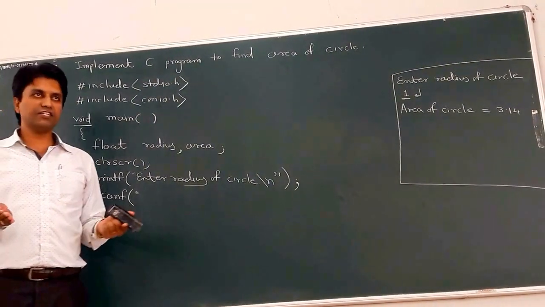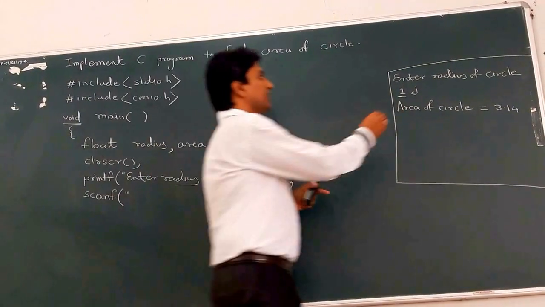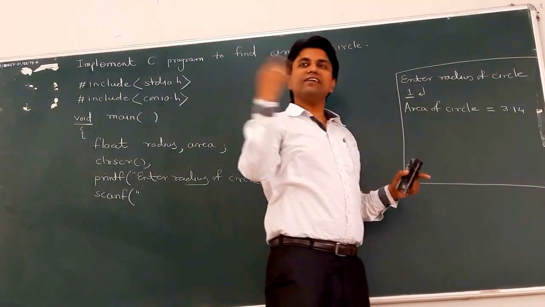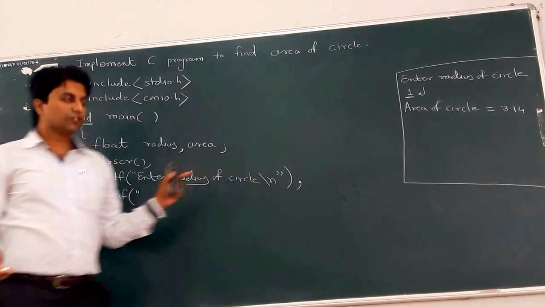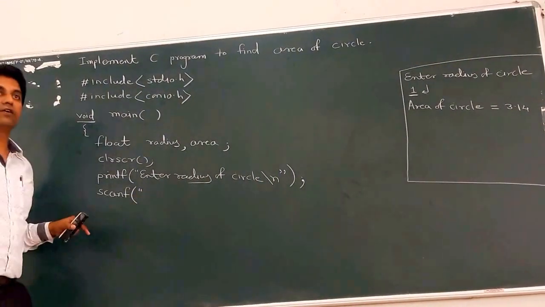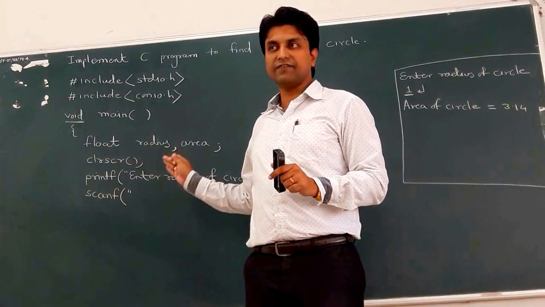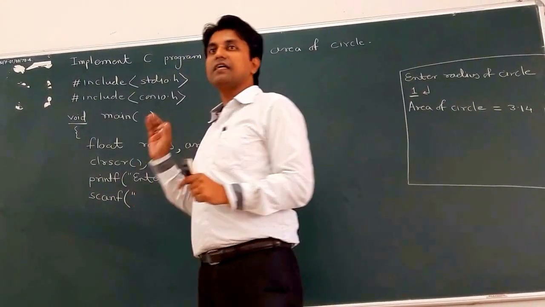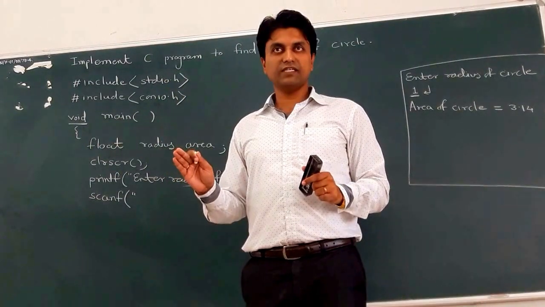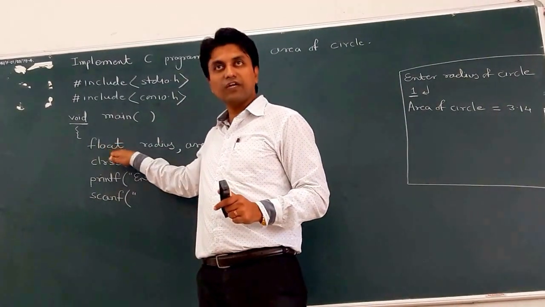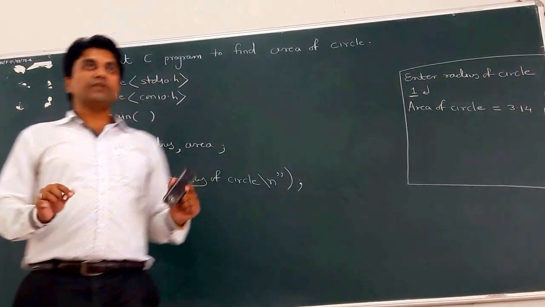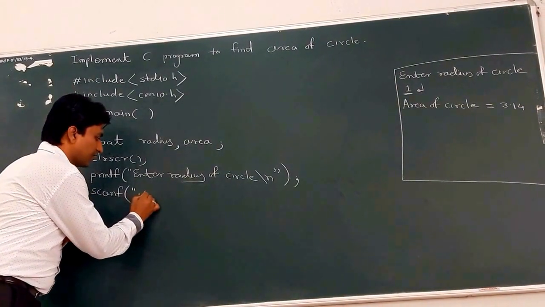You can enter an integer, no doubt. What happens if you enter an integer? We treat it as 1.0. Clear? For integer, the formatting type in the C language is percentage d. Likewise, for the float data type, the formatting type is percentage f.